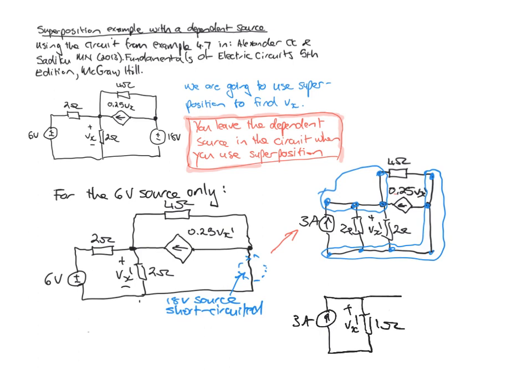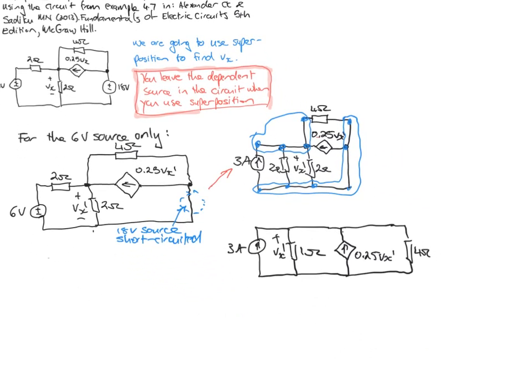And we've got the dependent current source, which has a current of 0.25 Vx dashed. And we have the 4 ohm resistor.